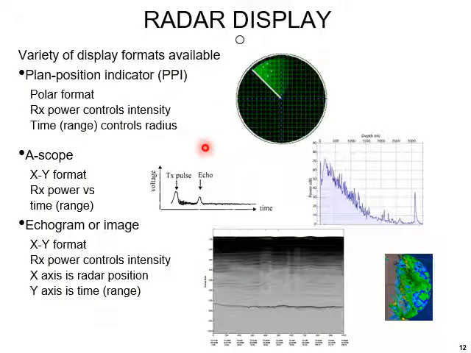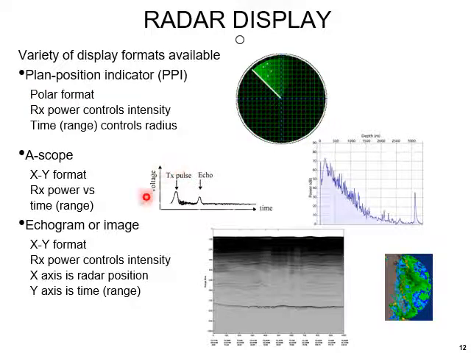Now we have different types of display. This type of display is the plan position indicator. It's in polar format. Receiver power controls intensity, and time controls the radius. So this line moves in this way and produces spots where a target is present.